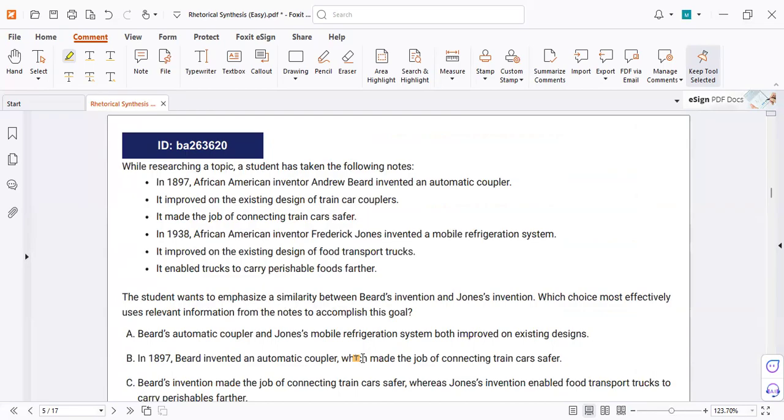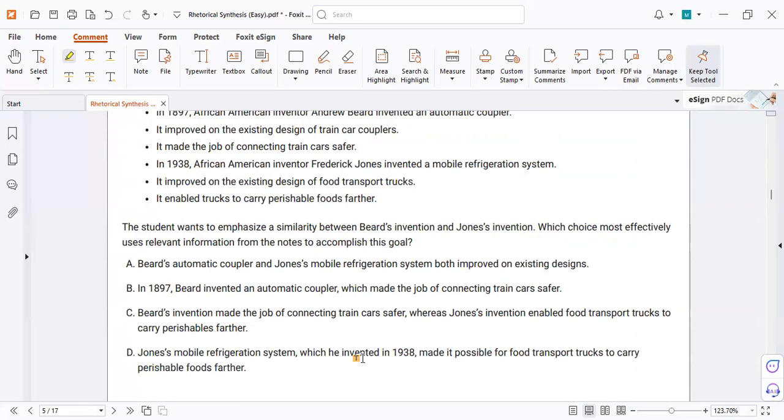So it wants the similarity between Beard's invention and Jones' invention. So it's C. The answer is C. Letter C again? No. Remember, we need similarity.